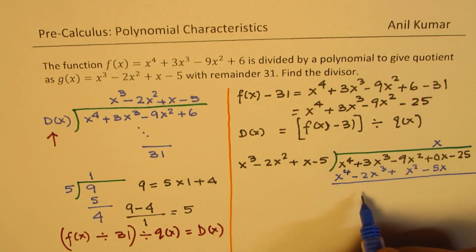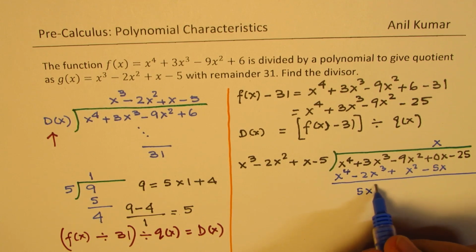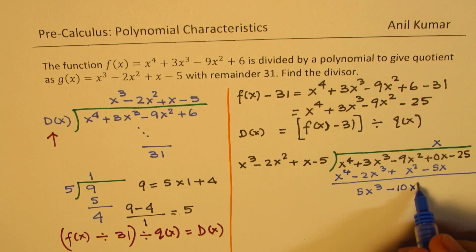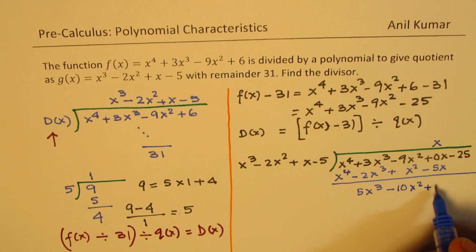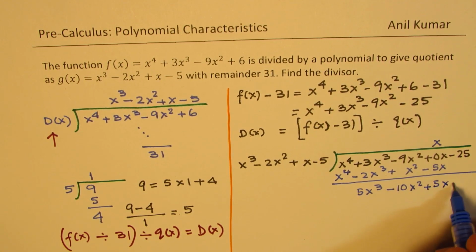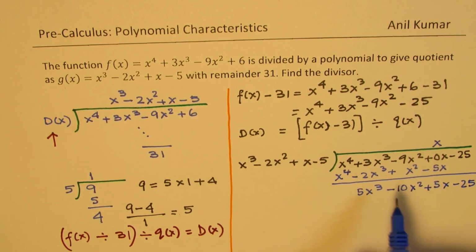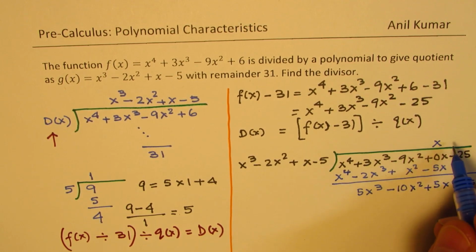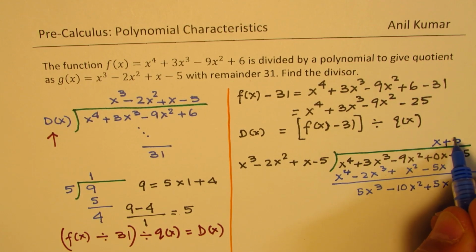And that gives you 5x cubed. When you take away this, minus 10x squared, that is plus 5x, and we have minus 25. Now that goes 5 times, correct? So plus 5.